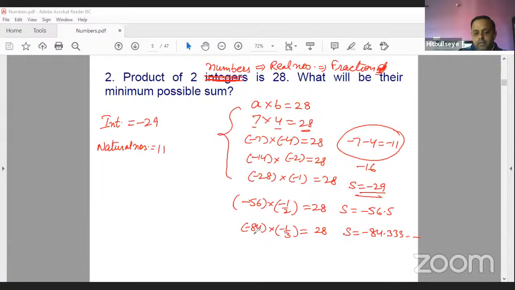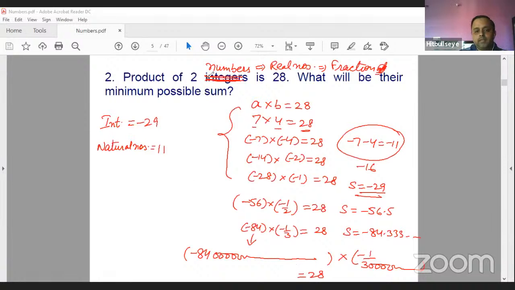That simply means that you can keep on decreasing this value as per your wish. It could be very, very small, -84, and let's say you are putting an infinite number of zeros with that -84, and then you are multiplying that number by -1/3, and with this 3 in the denominator you are putting as many zeros as you have put along with 84. The product again will be 28, but sum in that case would be very small.